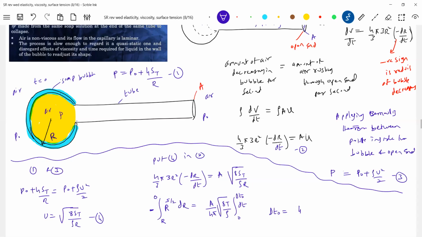I'll write down the 4 pi A will come, 4 pi A by rho, 8 st. What are the other things? R to the power of 7 by 2 by 7 by 2. Can we write the final expression? 8 pi.